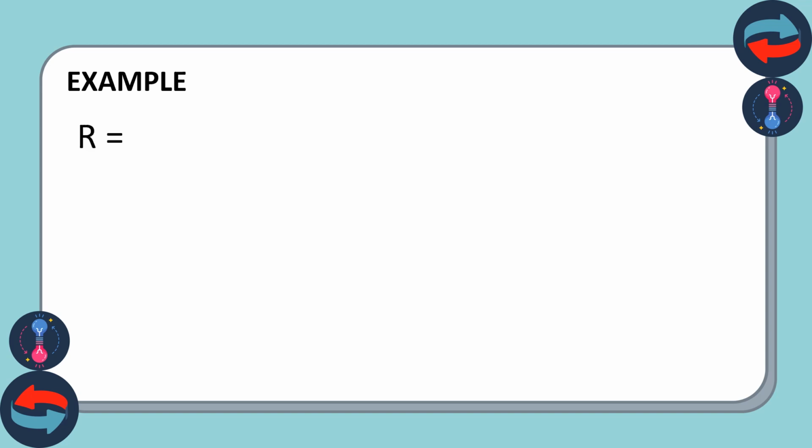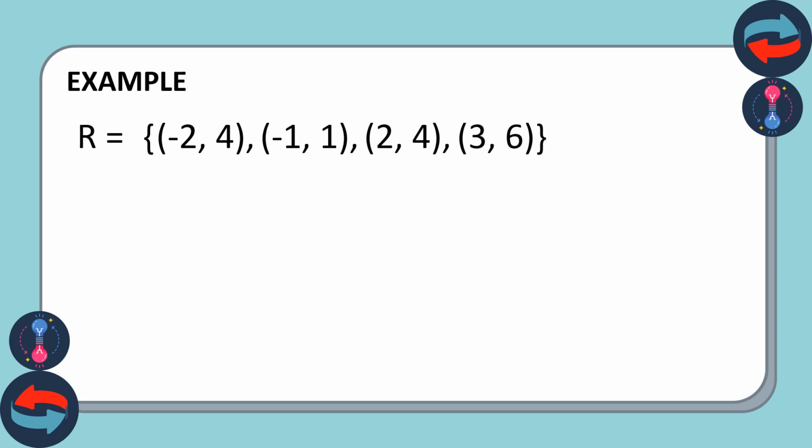Example: R is equal to the set of ordered pairs (-2, 4), (-1, 1), (2, 4), (3, 6).